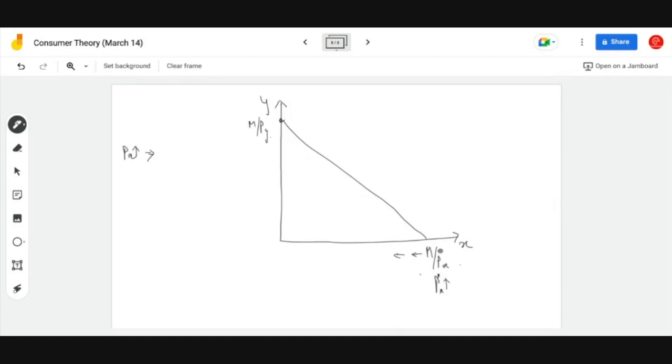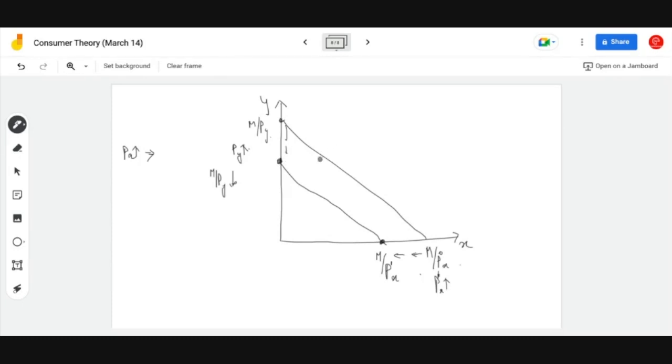Let's call the new price Px1, so we have a new point, M upon Px1. This is clear. Now let's say that Py is also increasing. This means M upon Py will also fall downward. Yes or no? This will also come down, so let's call it at this point. So this will be your new budget line.